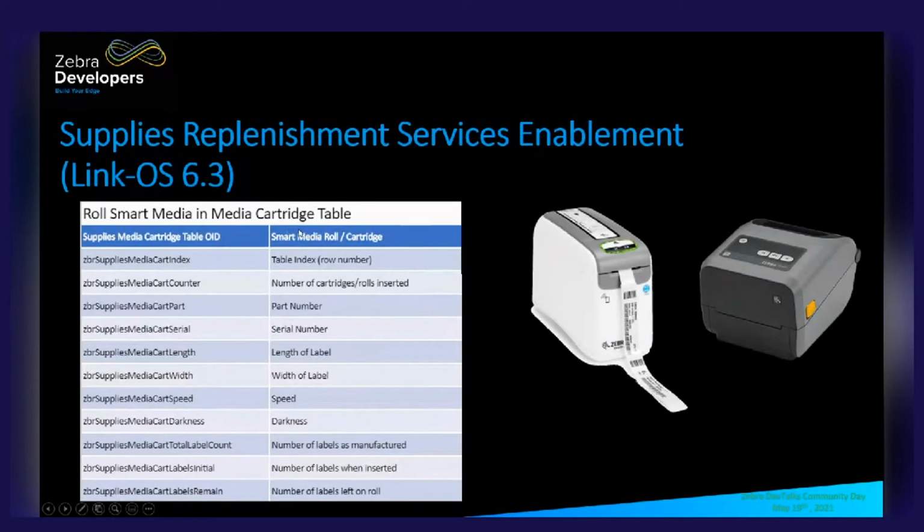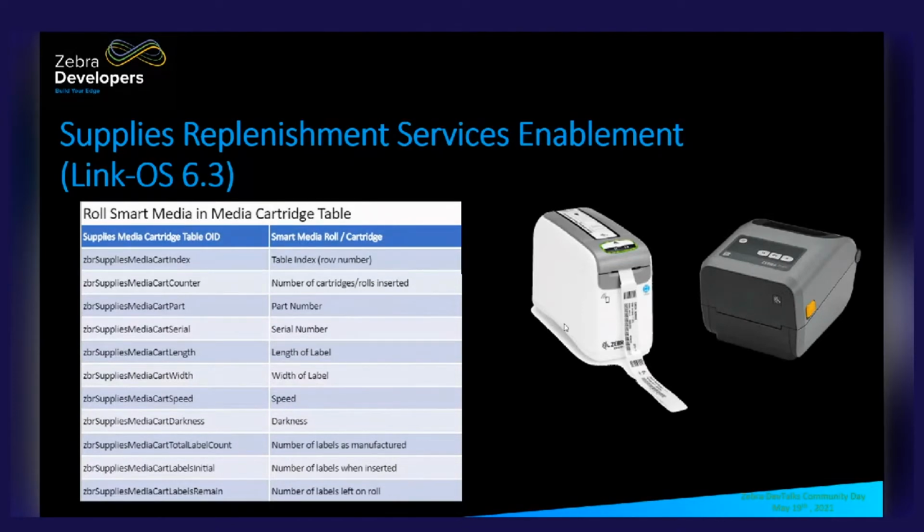I'm going to explain later how you can get more information about this, but this is applicable mainly to two products: the CD510 that uses a media cartridge, and the CD421C, the version C with a cartridge for ribbon.